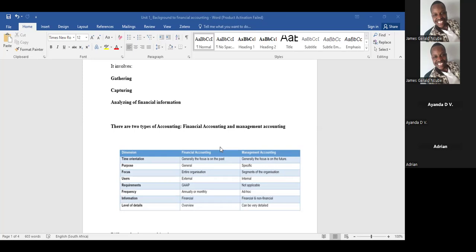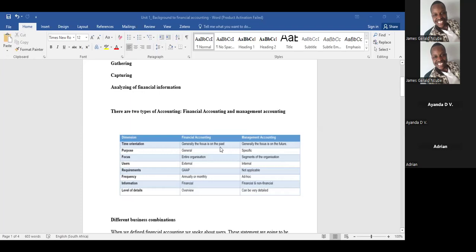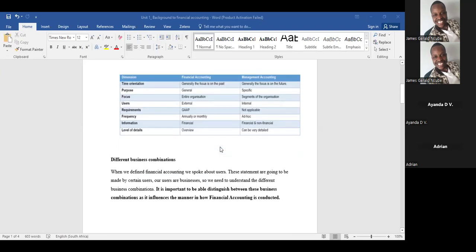And then the level of detail. This one also tells us that management accounting is more specific, so it can be very, very detailed because it's specific, whilst financial accounting is more of an overview. So you can see that these are a bit of shallow waters right here, right?